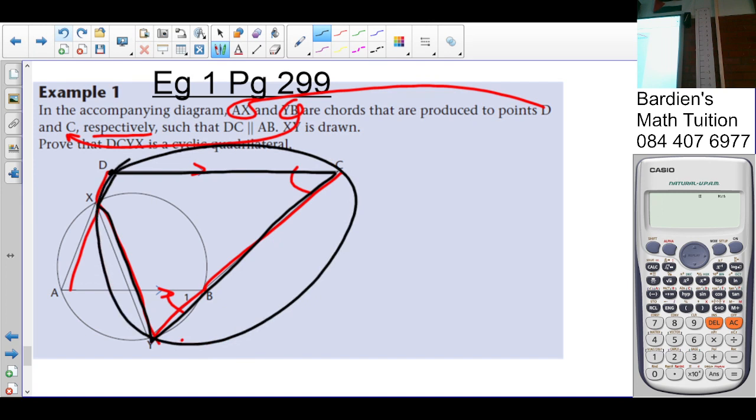So make a note of this. To prove that a quad is concyclic, there are three ways to prove that a quad is concyclic.